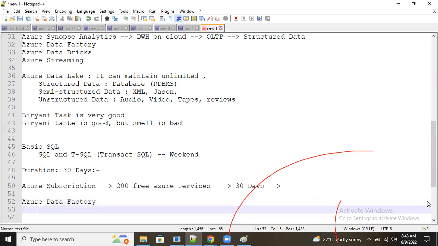See, what are the advantages of using Azure? Less maintenance, and no upfront infrastructure. What do you mean by that? Okay, I got a new project and I want to set up a company in India.